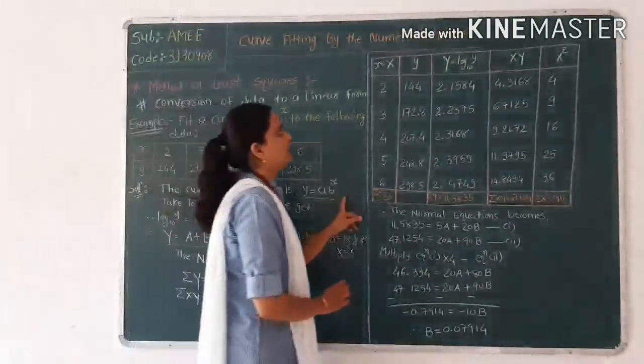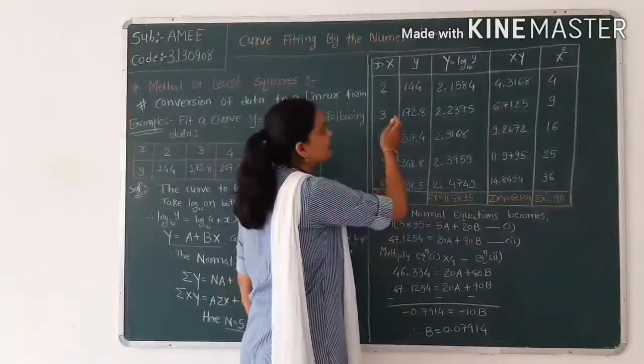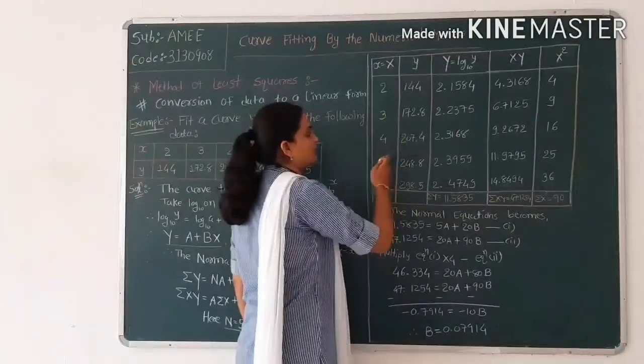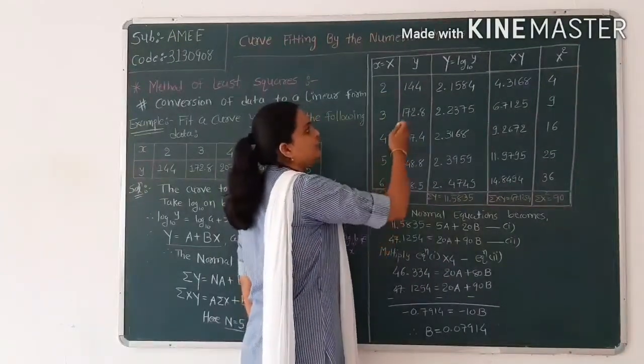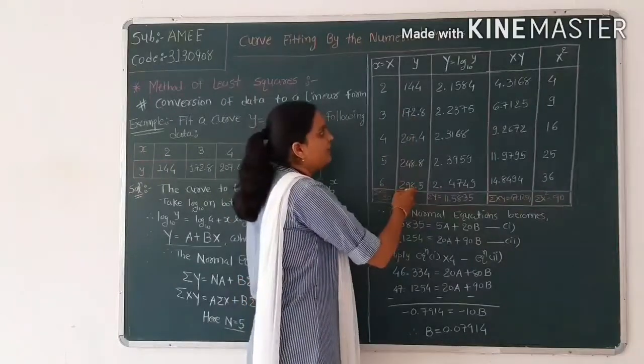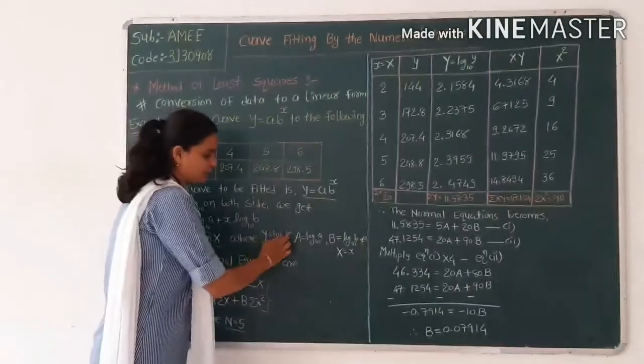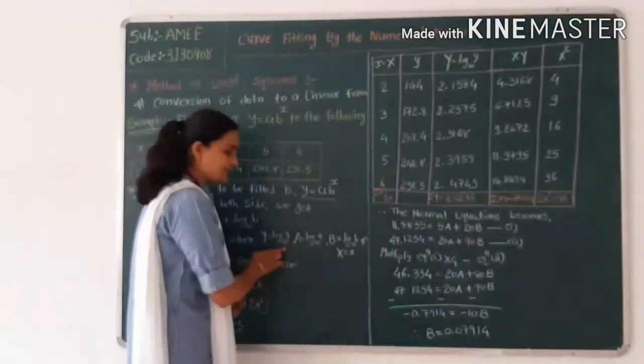Now we make a table. First the value of x, then the value of y. The values of x are 2, 3, 4, 5, 6 and the corresponding values of y. Now we know that capital Y equals log small y to the base 10.